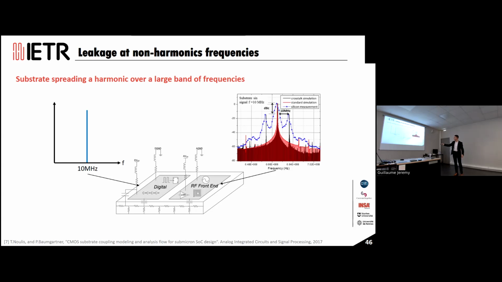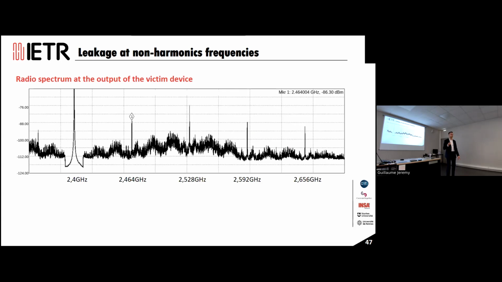Then in the RF front end, it is possible to retrieve energy from this signal at other frequencies than the initial harmonic. Now, if we look at the output of our victim, we can see here the peaks that correspond to the legitimate signal, the Bluetooth signal at 2.4 GHz. We can clearly see the 4 peaks that correspond to the 4 first harmonics, but there is also energy between these harmonics.